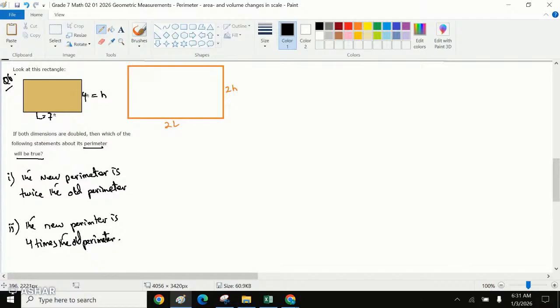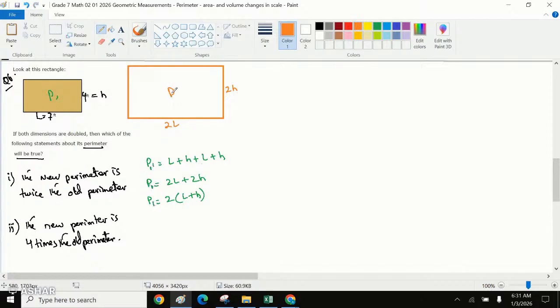what should be the answer. So what should be the perimeter of shape 1? Perimeter 1 would be length plus height plus length plus height. That means perimeter is 2 lengths plus 2 heights, which is 2 times (length plus height). That is perimeter 1 of the first shape.